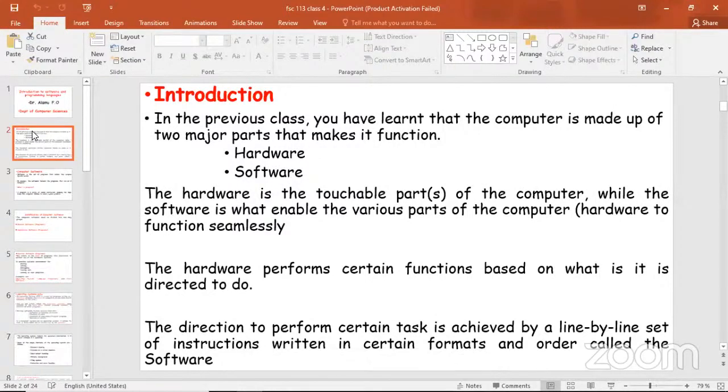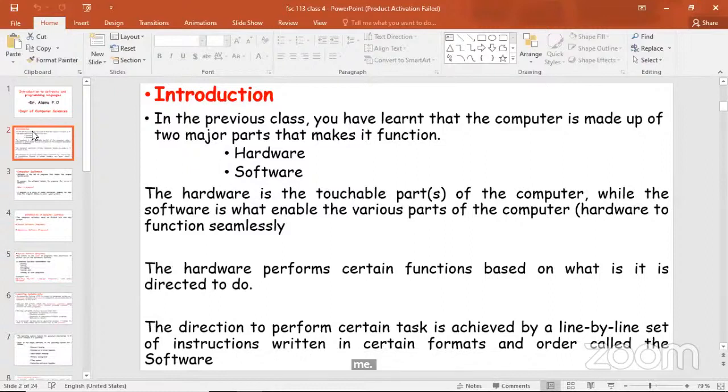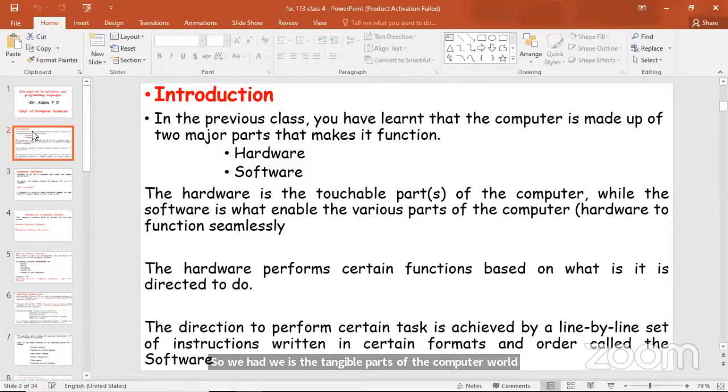The hardware is what you can touch and feel, and in your previous class, you would have looked at the various hardware that we have in computing. So the hardware is the touchable part of the computer, while the software is what enables the various parts of the computer hardware to function seamlessly.